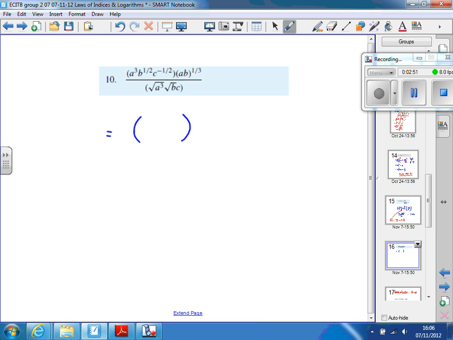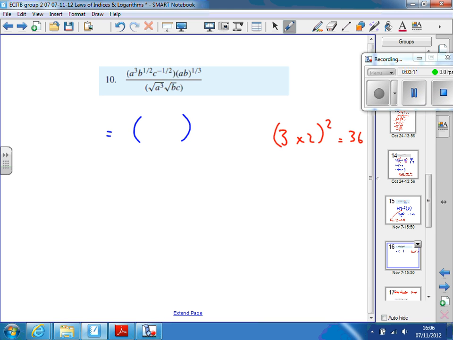And the second paragraph, ab to the power third, that's this bit here. Think of some numbers for a second: 3 times 2 squared, 3 times 2 is 6, 6 squared is 36.